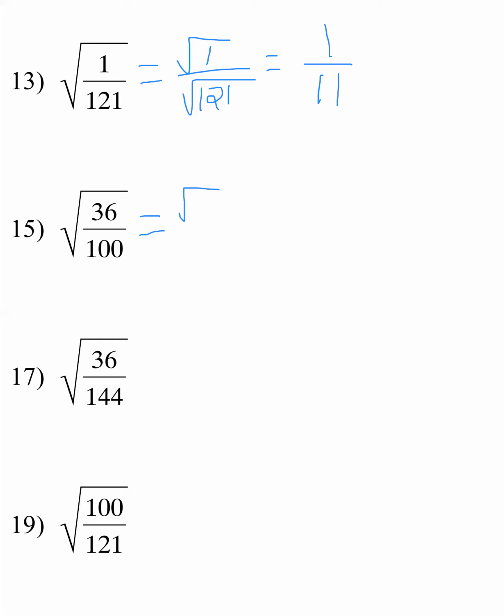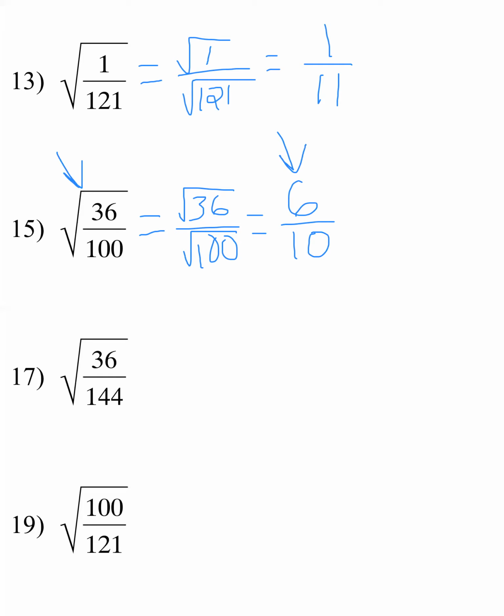So I'm just going to do the square root of 36 over the square root of 100. Okay, and you'll see why in a minute. I'm not going to reduce it yet. So the square root of 36 is just 6, and the square root of 100 is just 10. So now, yes, I do need to simplify this fraction, 6/10, but that's a lot easier to deal with than 36 hundredths, in my opinion.